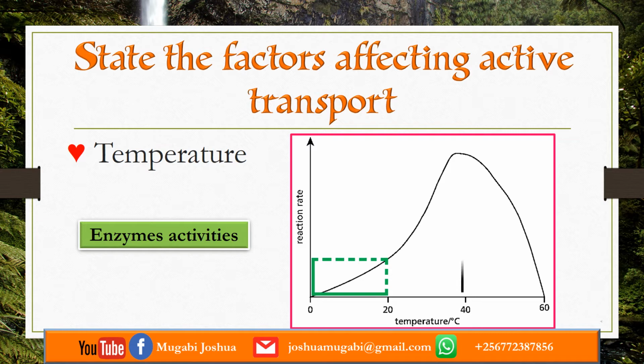So when we extrapolate at 40 degrees on our curve, we can also see that the rate of reaction increased, meaning that the enzyme activities also increased. So this means that as we increase the temperature, we also increase the enzyme activity. So we look at the 40 degrees Celsius, the enzymes are more active.